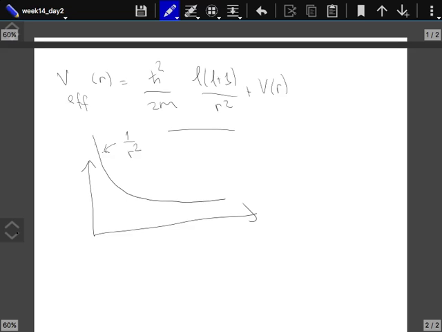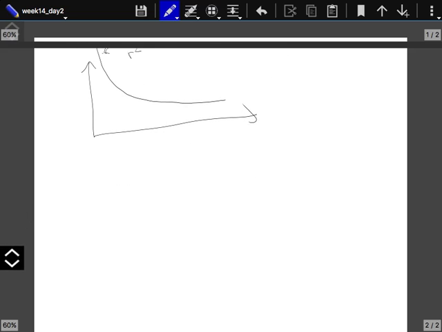Now, let's look at certain cases. Whatever system you have, as long as it's rotationally symmetric, you can always write the eigenfunctions in terms of spherical harmonics. One possible example we can study is the free particle.